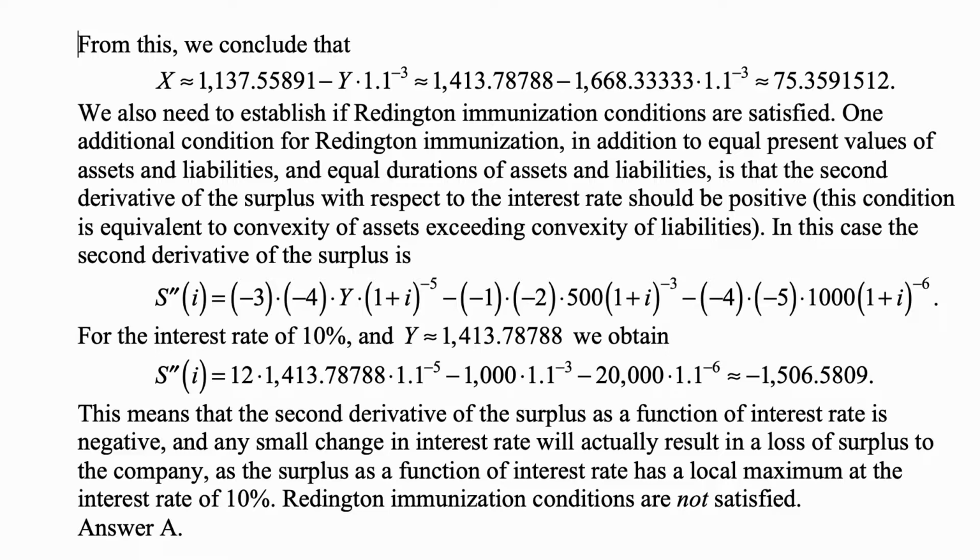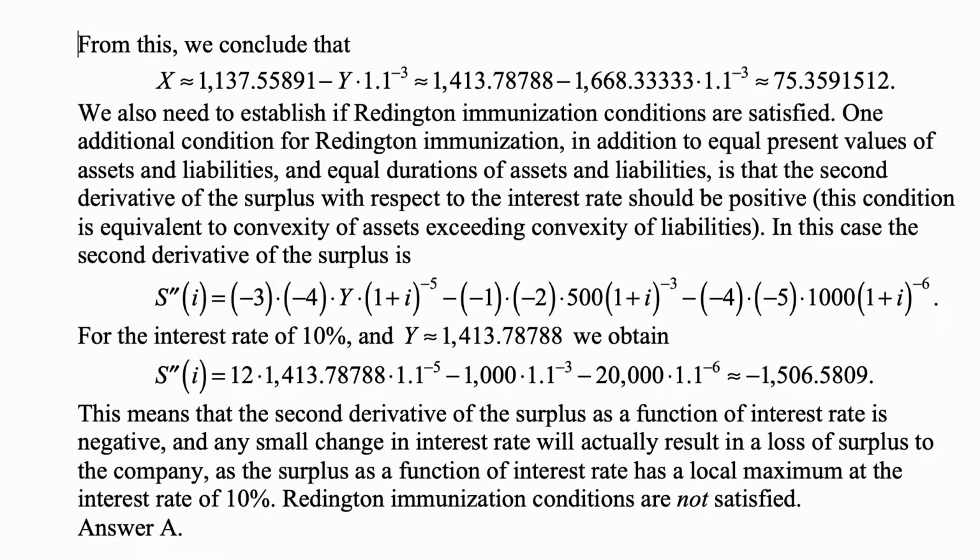for that value of i of 10%, so i here is 10% specifically, 12 times 1413.78788 times 1.1 to the negative fifth minus 1000 times 1.1 to the negative third minus 20,000 times 1.1 to the negative sixth, and we calculate all that and it comes out to be approximately negative 1506.5809.